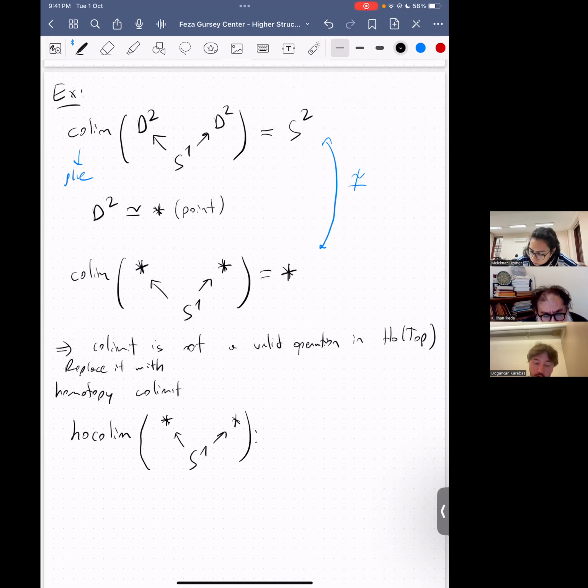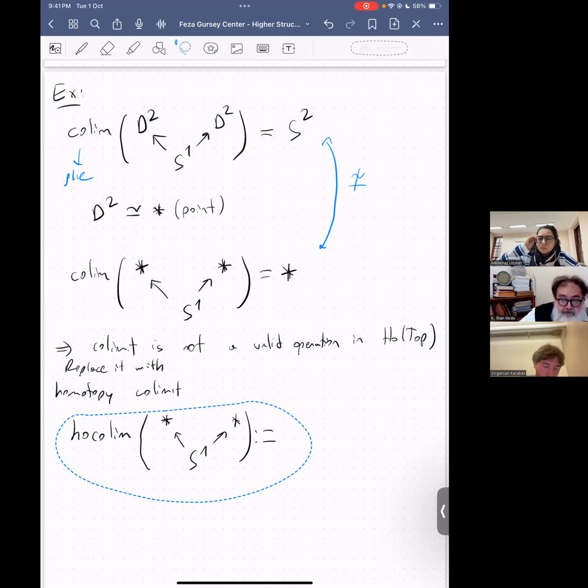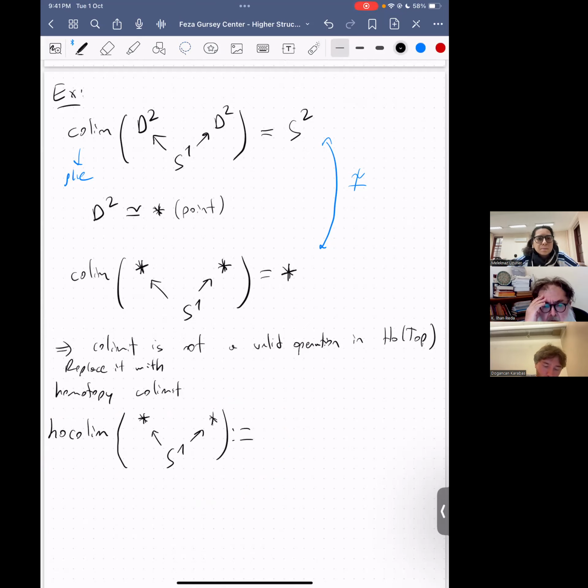I define it as the colimit of, again, using the classical operation. Colimit is in the previous Top, not Ho Top. Of point, S1, point.